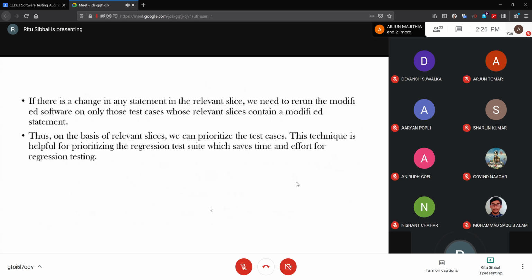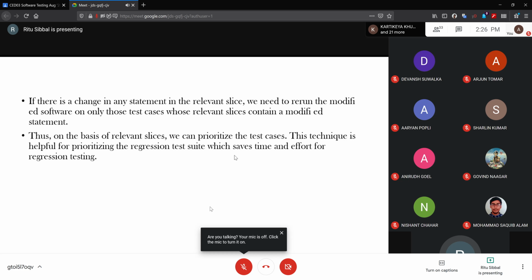Basically, all these techniques are for prioritizing the test suite, saving time and effort in regression testing, because we cannot execute the entire program, we cannot rerun it. So we pick up only those with the least number of statements, those affecting the output variables, and those having the potential to affect the output variables.